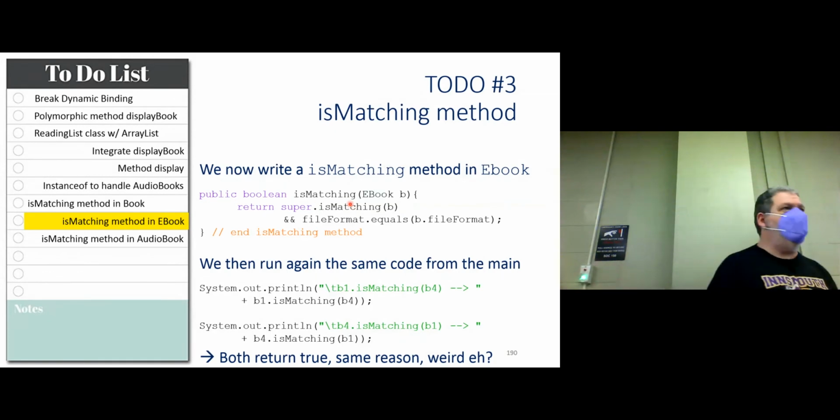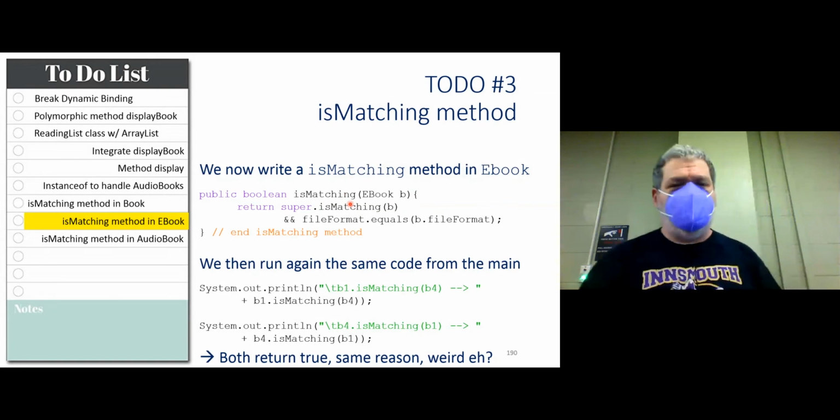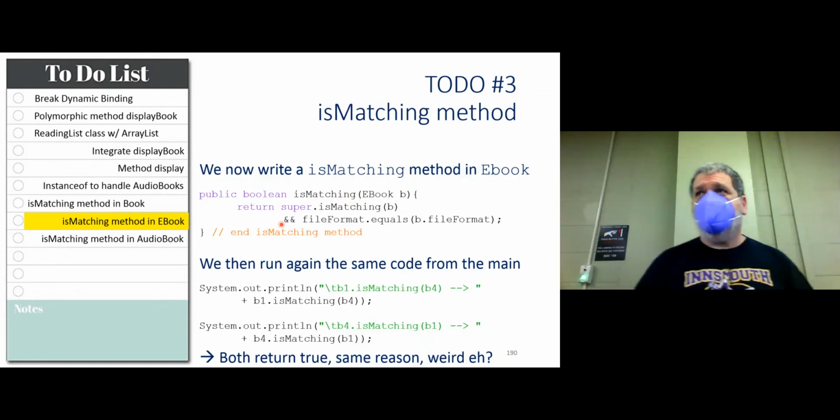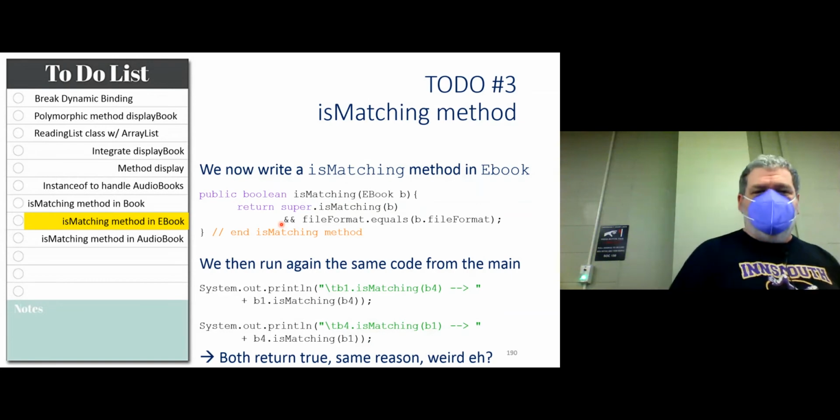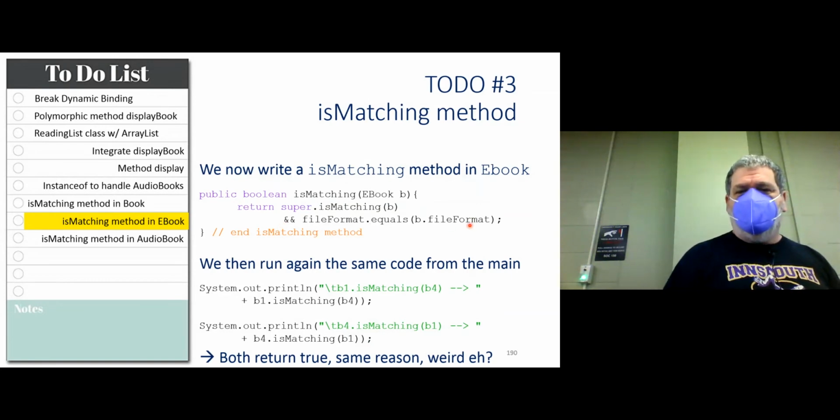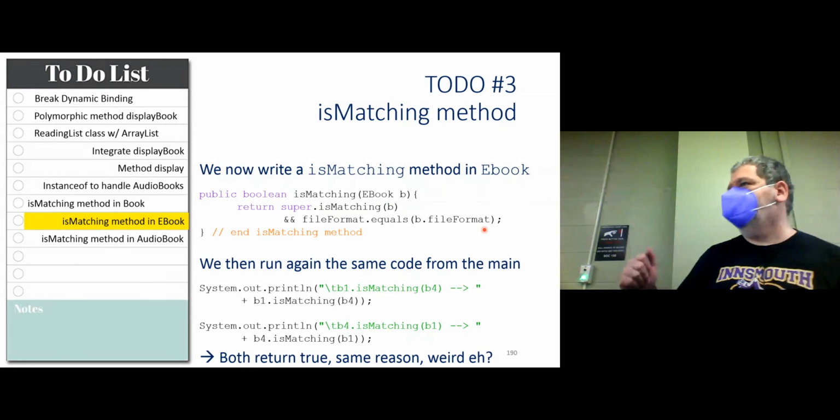Title is different, O4, ISBN, whatever, false. If that's true, then we are going to look at the second expression, because for the whole thing to be true, it's going to depend now on the result of the second expression. So, fileFormat.equals(b.fileFormat), same reason as before.